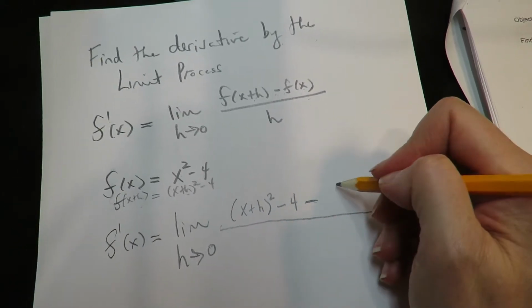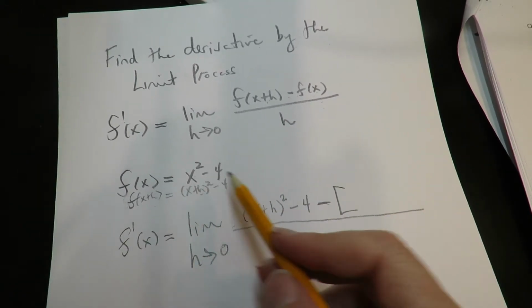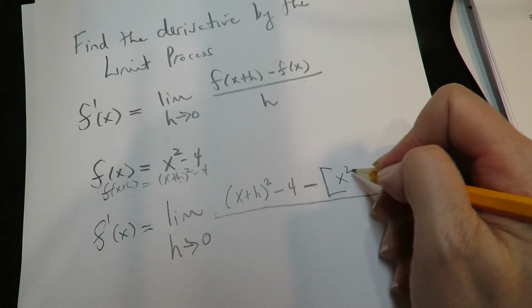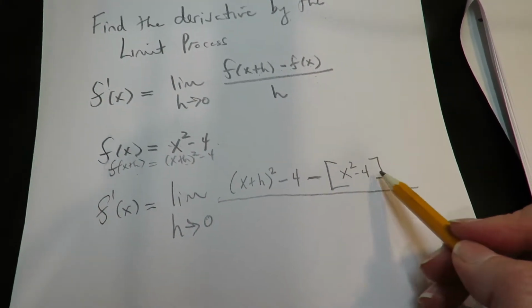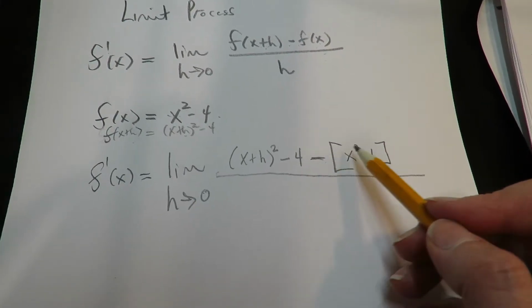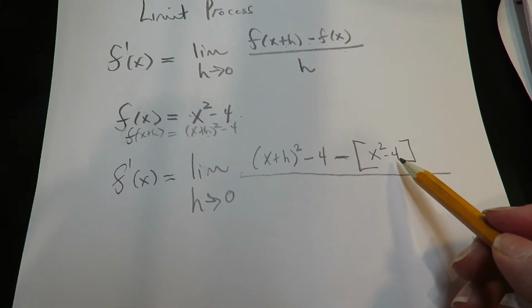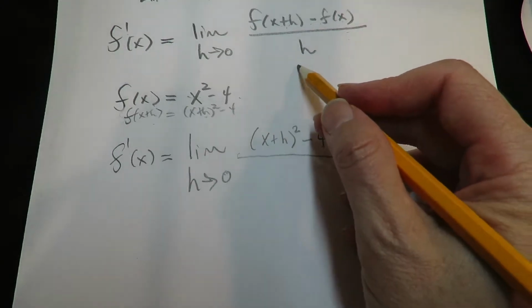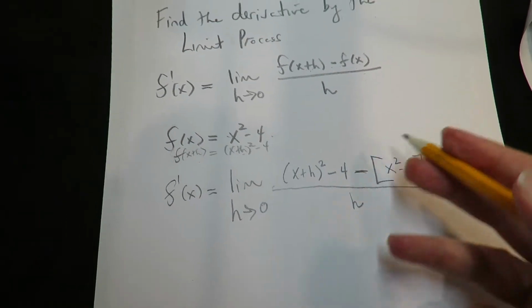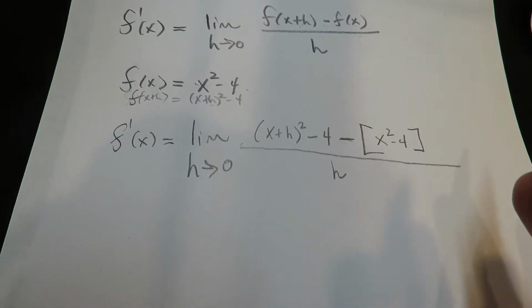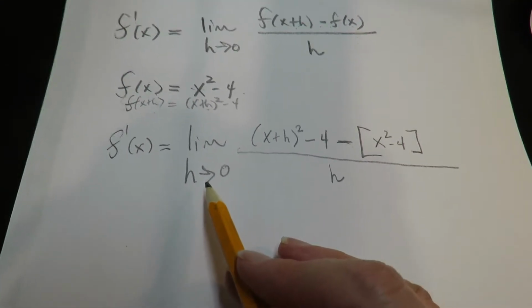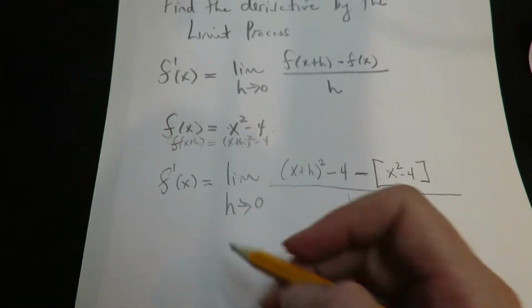So you've got to subtract all of the original function, which means that everybody in here is going to have to change sign. And this is all over h. Okay, so that's the basic setup, and now it's just doing the algebra and then doing the calculus of the limit.